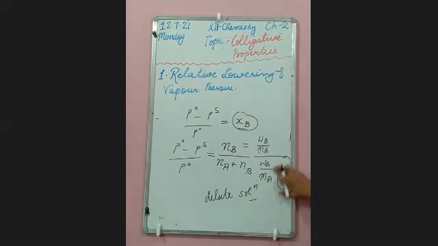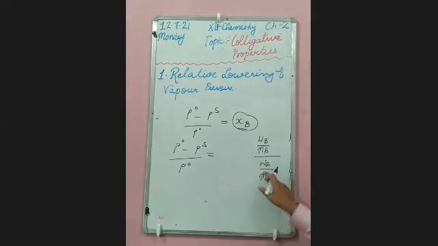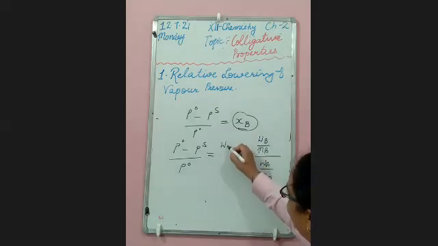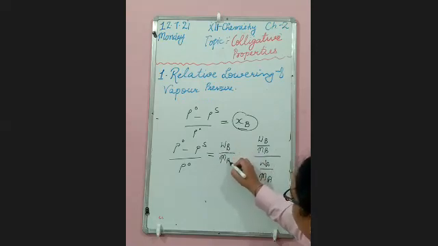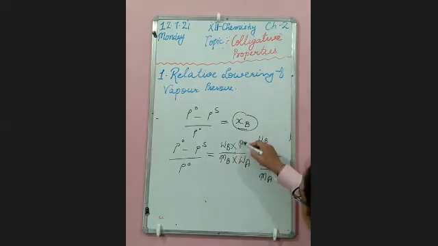So for that, your relative lowering of vapor pressure should be equal to weight of solute over molar mass of solute, into weight of solvent, taking this term here, into molar mass of solvent.